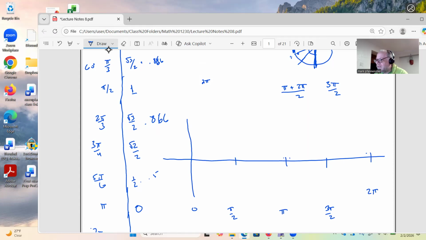The 4 points that I usually graph with: sine of 0 was 0. Sine of pi over 2 was 1. Sine of 3 pi over 2 was -1. And then back to 2 pi.